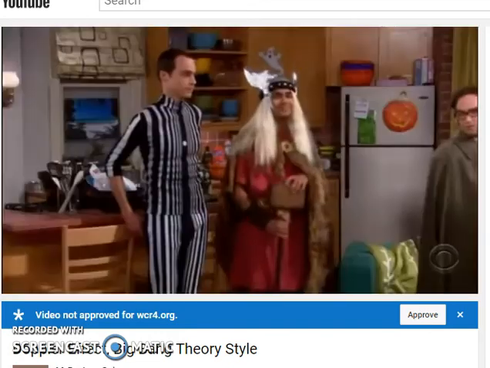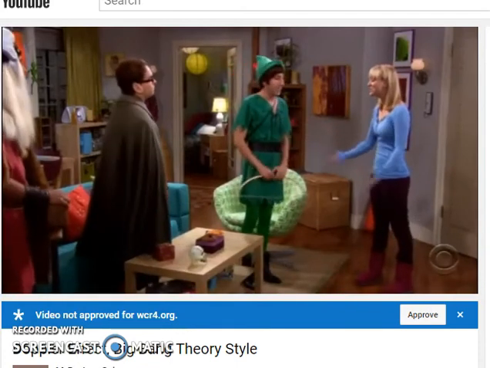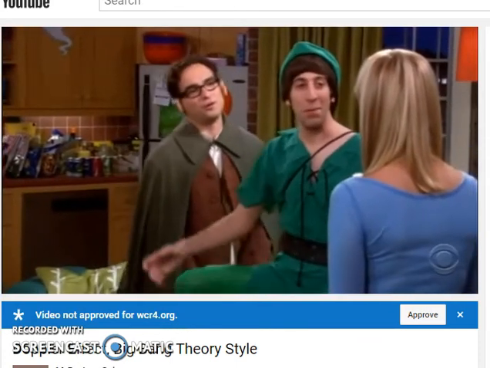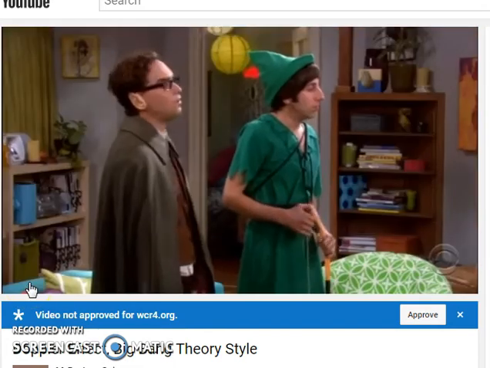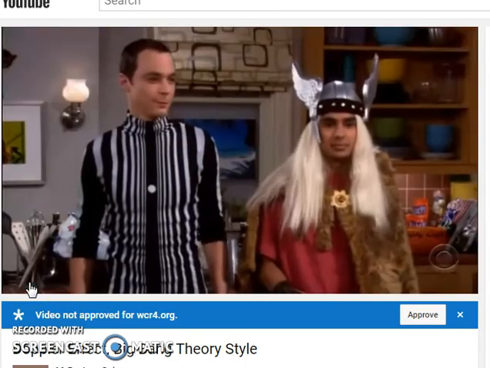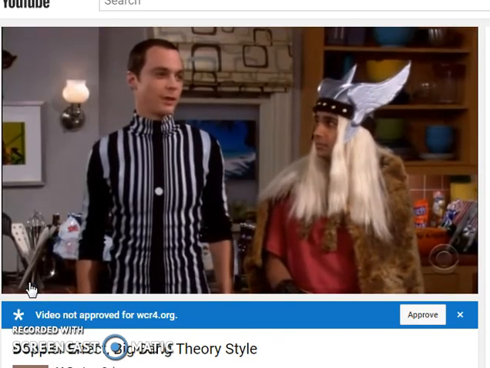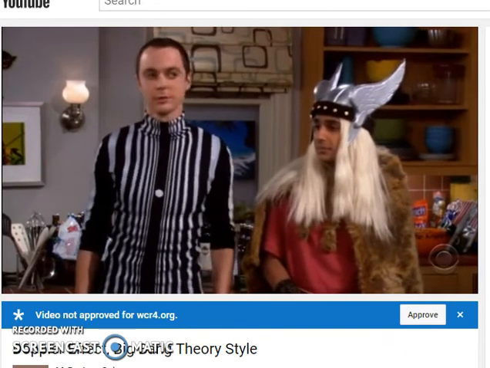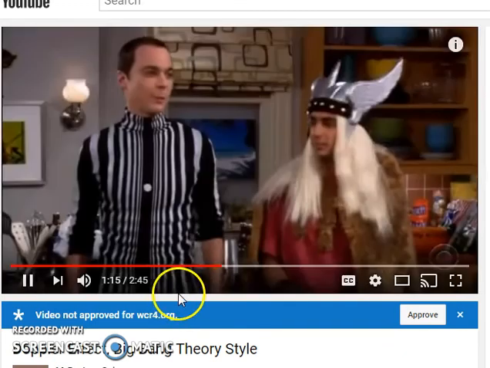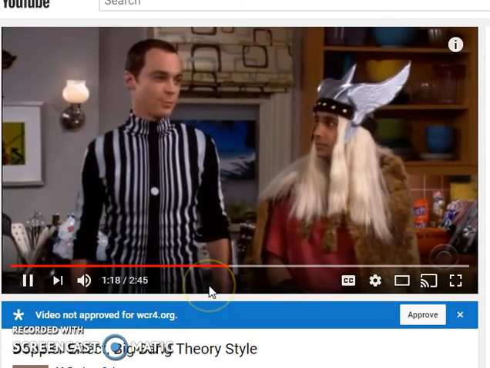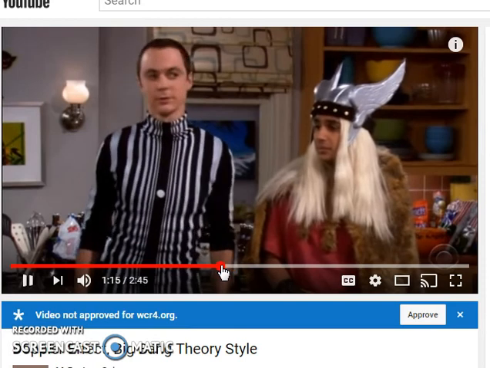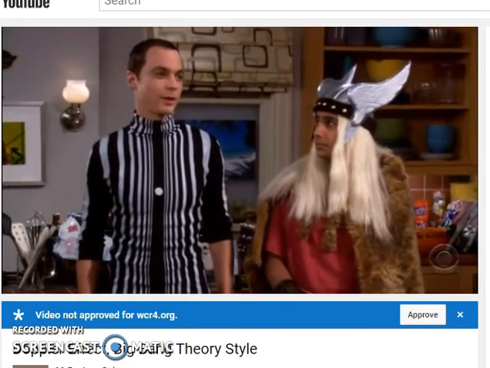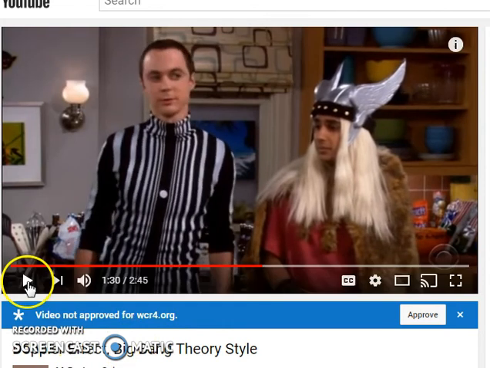Actually, Penny, he's wrong. I'm Peter Pan! I hate what Sheldon's supposed to be. Oh, he's the Doppler Effect. Yes. It's the apparent change in the frequency of a wave caused by relative motion between the source of the wave and the observer.